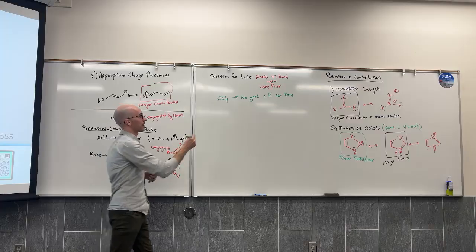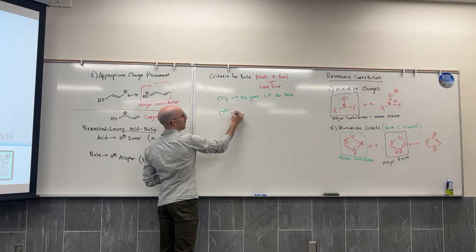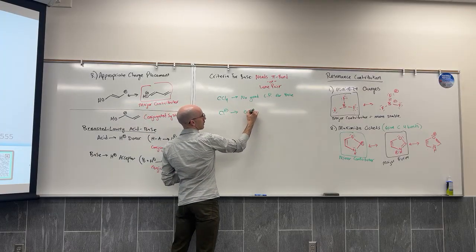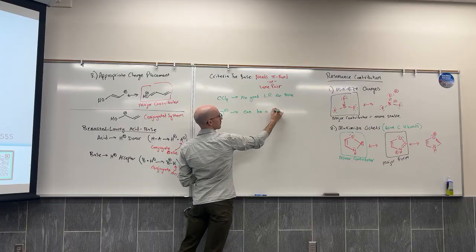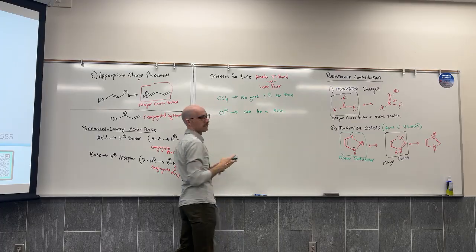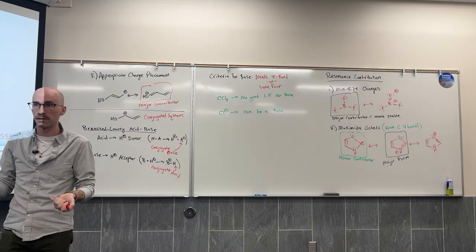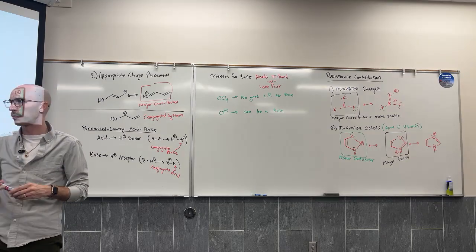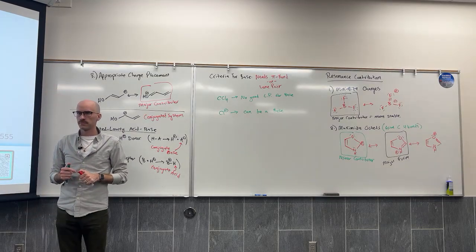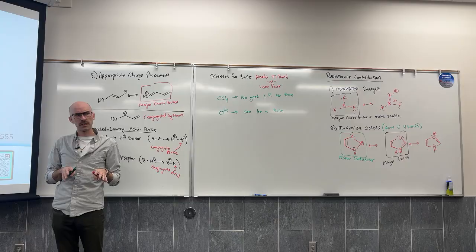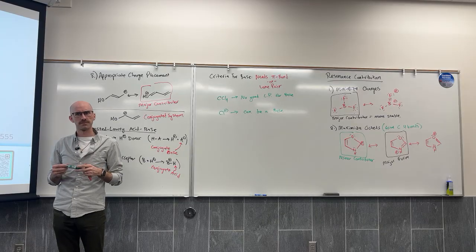But something like chloride can be a base. Chloride has 4 lone pairs. It only has lone pairs, and it could share one of its lone pairs. So halogens bonded, not very common.